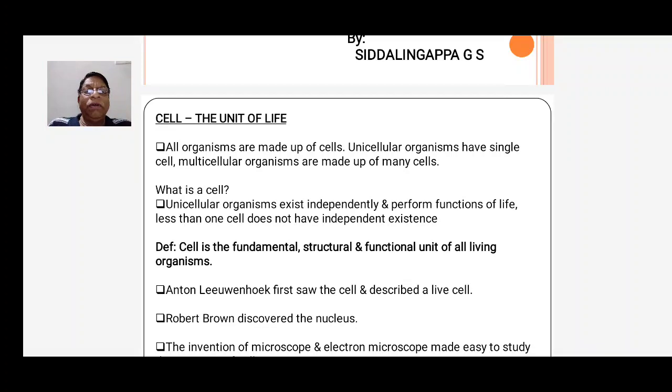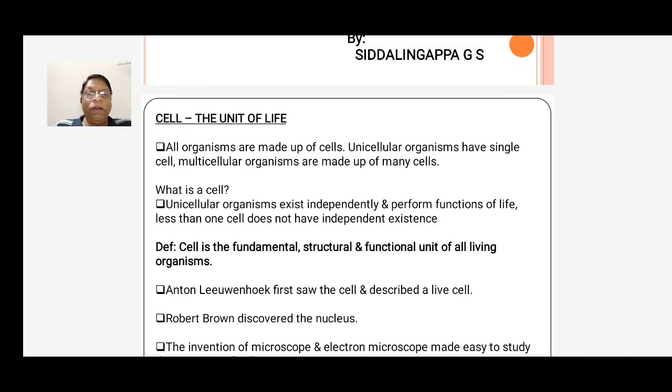Anton Leeuwenhoek. An important word for 1 mark. Later on, the nucleus, a structure within the cell, was discovered by another person, Robert Brown.